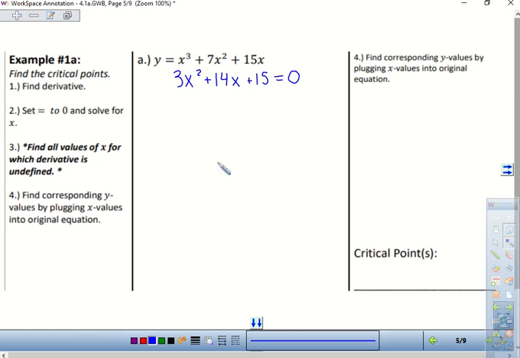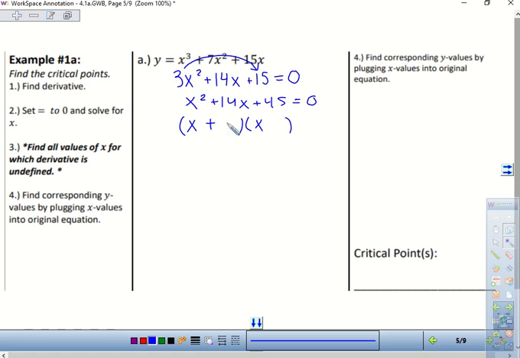You can't just move the 15. That doesn't work when you have an x squared, an x, and a constant. We have to factor. And in this case, because it has an a, you have to do the AC method. You guys remember this? The thing about math is nothing ever goes away. So you always have to know how to do everything beneath you.